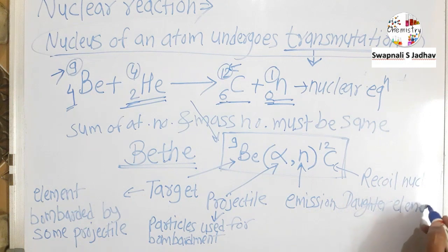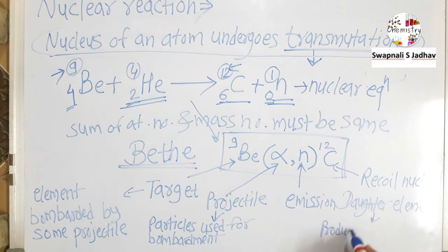So what is meant by recoil nucleus or daughter element? The product obtained in a nuclear reaction is known as the recoil nucleus.